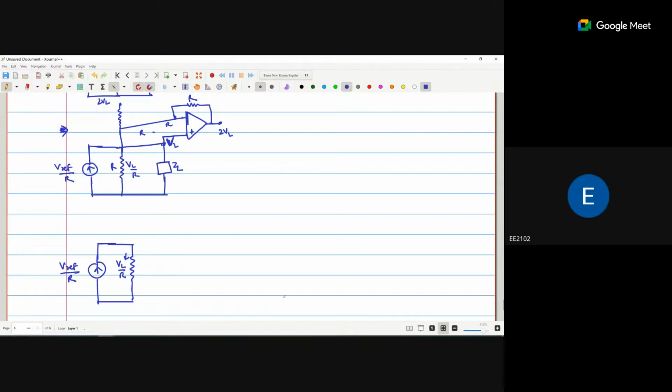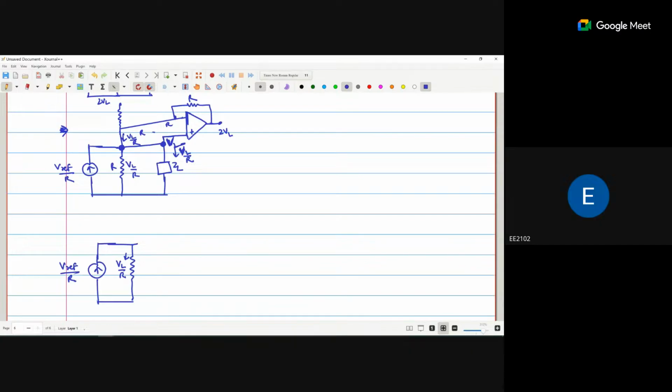Okay. So in place of adding this VL by R current here, should I add a VL by R current in this branch also? In place of adding VL by R current at this point, what should we do? We are adding the VL by R current at this point also.